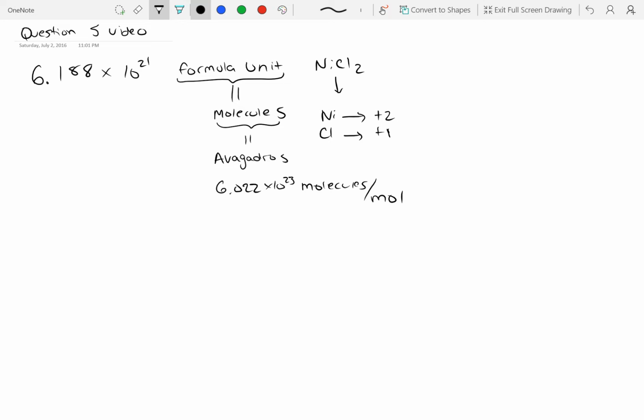So because what they're asking for is our moles, first thing we got to do is convert our formula units or molecules into moles, and luckily we have Avogadro's number, which does just that. So we have 6.188 times 10 to the 21. I'm going to say molecules, but molecules and formula units are interchangeable.